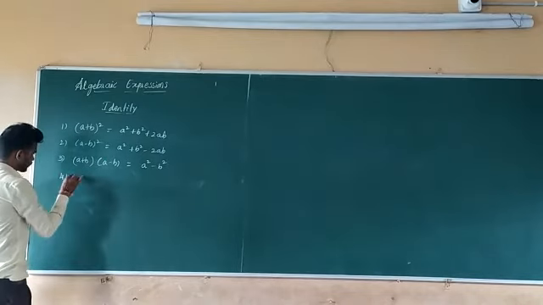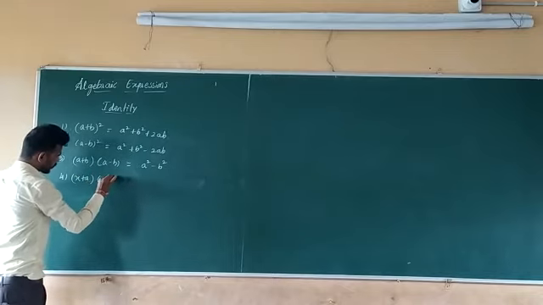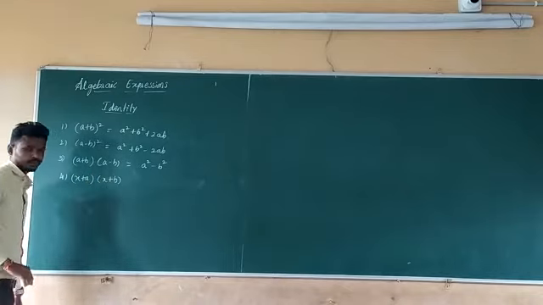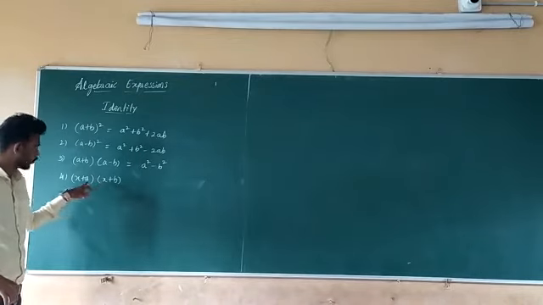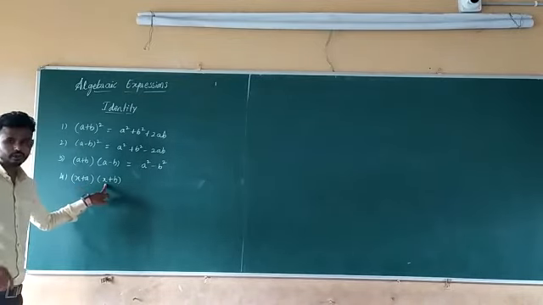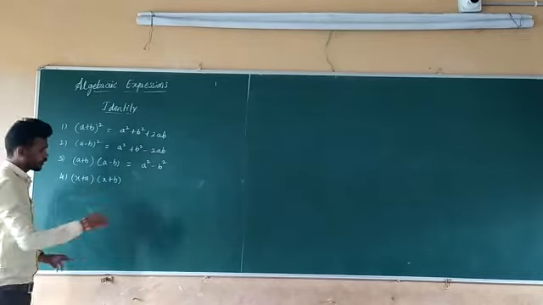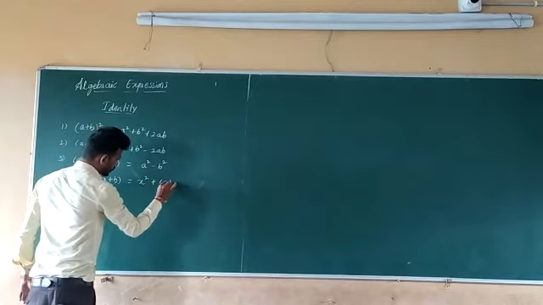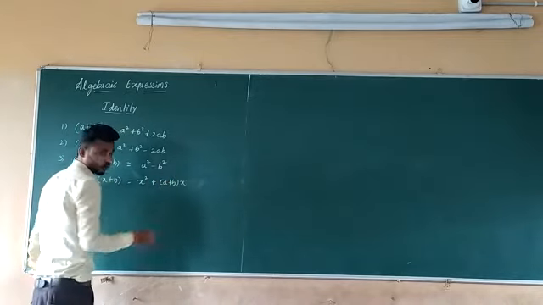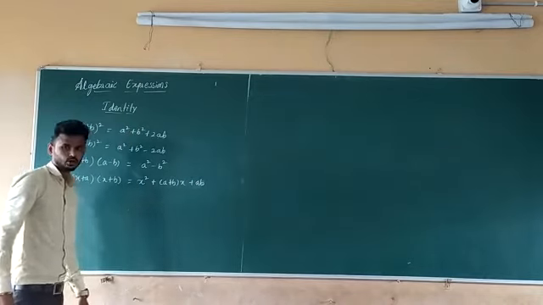Next, the fourth one: (x + a) into (x + b). If x is the same in both expressions and a and b are different, then we can write this as x square plus (a + b) into x plus ab, where ab means a into b.